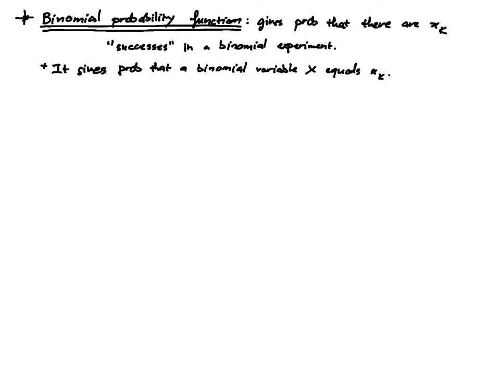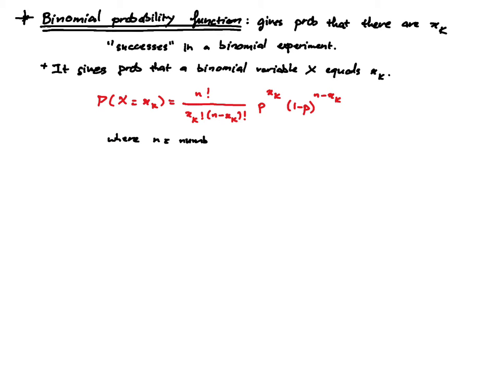So here's the formula that we use. The probability that x is equal to x sub k is going to be equal to n factorial divided by x sub k factorial times n minus x sub k factorial, times p to the x sub k power times 1 minus p to the n minus x sub k power, where n is the number of trials, and p is the probability of success.